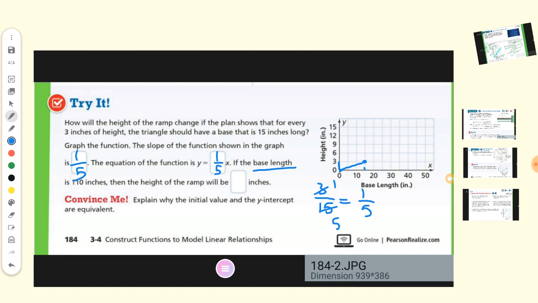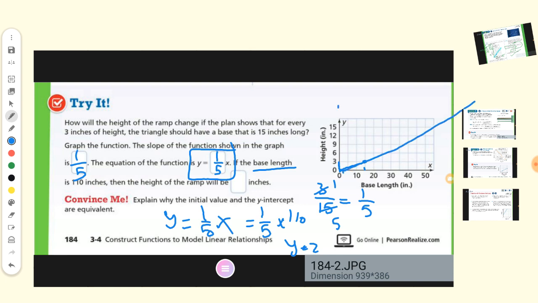In the equation y equals 1 over 5x, instead of x we'll put 110. So it's 1 over 5 multiplied by 110, which equals 22, so y equals 22. It will be here, something like this. So the line should be in this form.